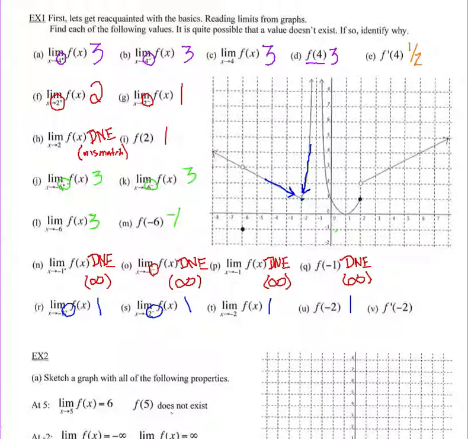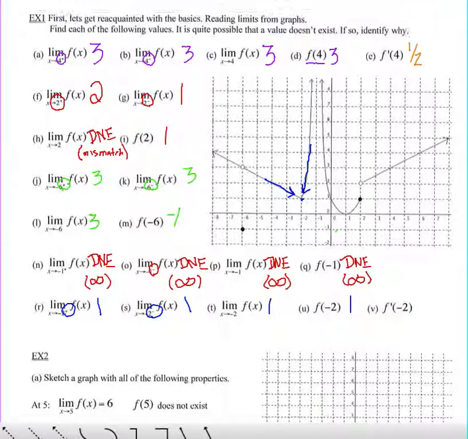Now the problem here is that when I try and draw the tangent, I don't quite know how to draw the tangent. I could draw the tangent going like that. I could draw the tangent going like that. I could draw the tangent going like that. It's not quite clear which one really should be the tangent.